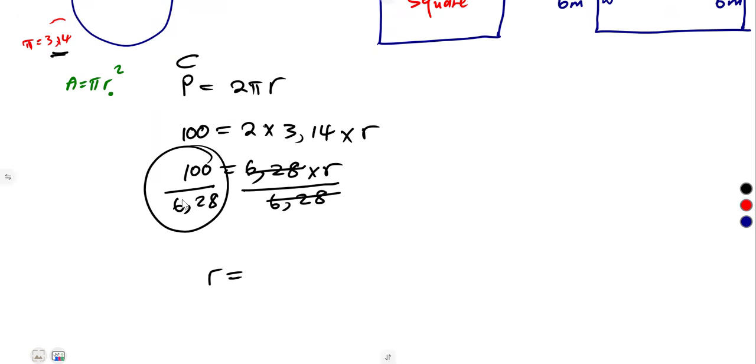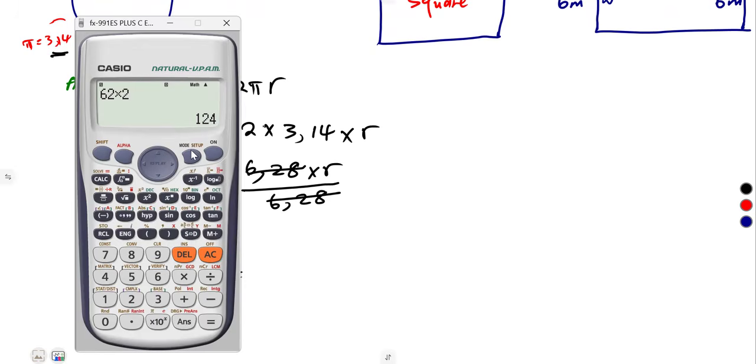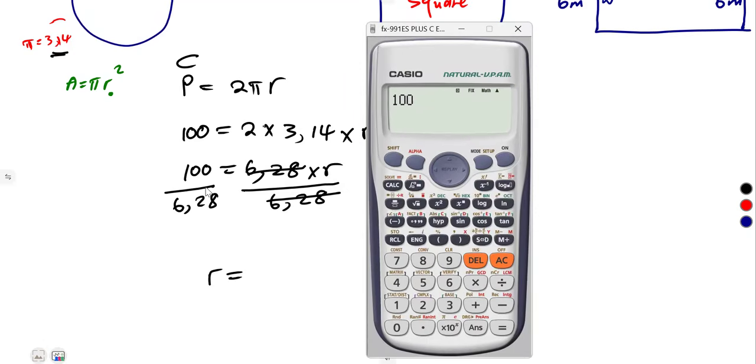So r is equal to 100 over 6.28, which I'm going to round off to two decimal places. Let me fix my calculator to two decimal places. 100 divided by 6.28 gives 15.92.